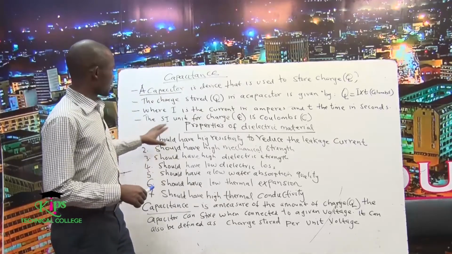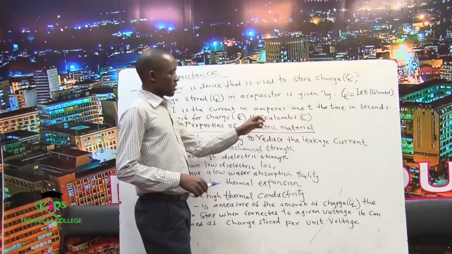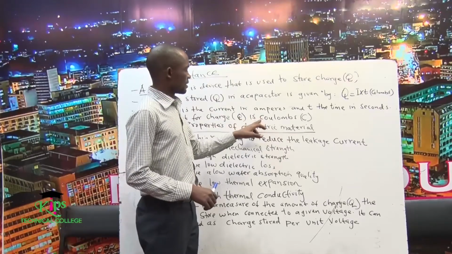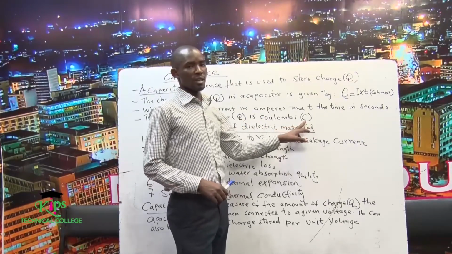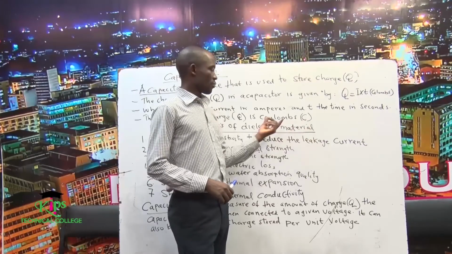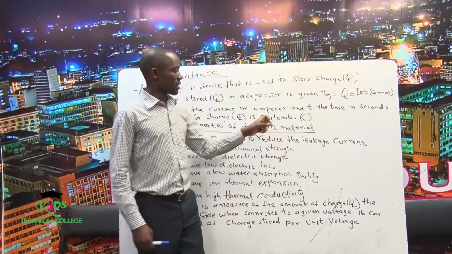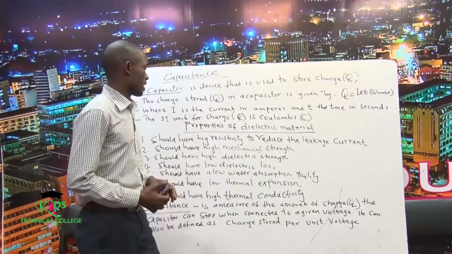Another point is the SI unit for charge Q is coulombs. When you are writing the word coulombs, c is a small letter, but if you want to denote it, you have to use a capital C.